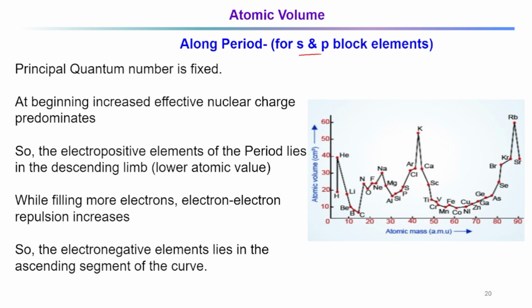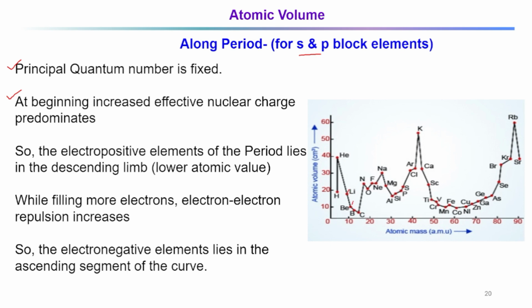So what happens along a period if we go from left to right? The principal quantum number is fixed because in the same period all the elements have the same number of shells. Now at the beginning, increased effective nuclear charge predominates. Let's take lithium to beryllium to boron.